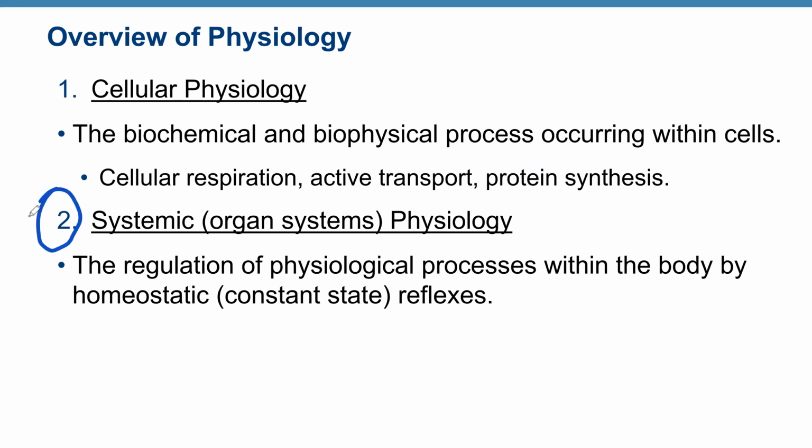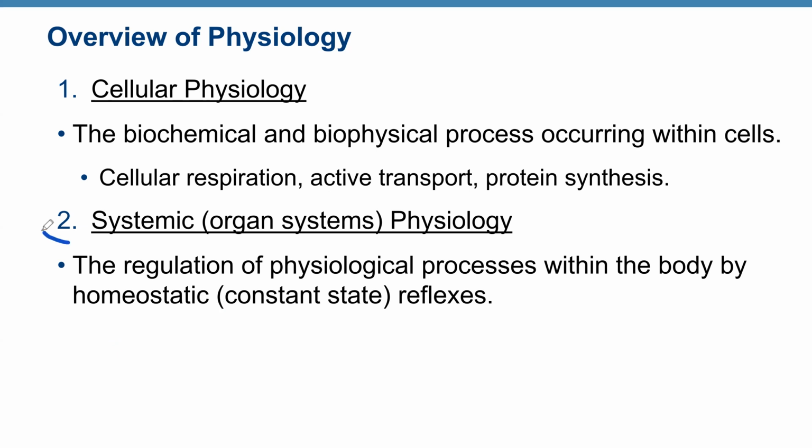Another branch of physiology is systemic or organ physiology, when we're looking not at individual cells and not even tissues or organs, but at an entire organ system, such as your cardiovascular, respiratory, or digestive system. Systemic physiology focuses on regulation of physiological processes within the body by homeostasis. Homeostasis is a constant state, and this homeostasis is maintained by homeostatic reflexes.